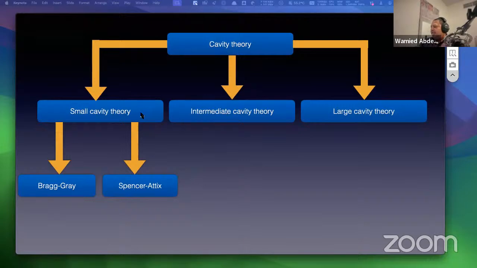Furthermore, within the small cavity theory, we have two subcategories: one is the famous Bragg-Gray cavity theory, and the other one is the Spencer-Attix cavity theory. Remember, the Bragg-Gray and the Spencer-Attix are subcategories of small cavity theories.